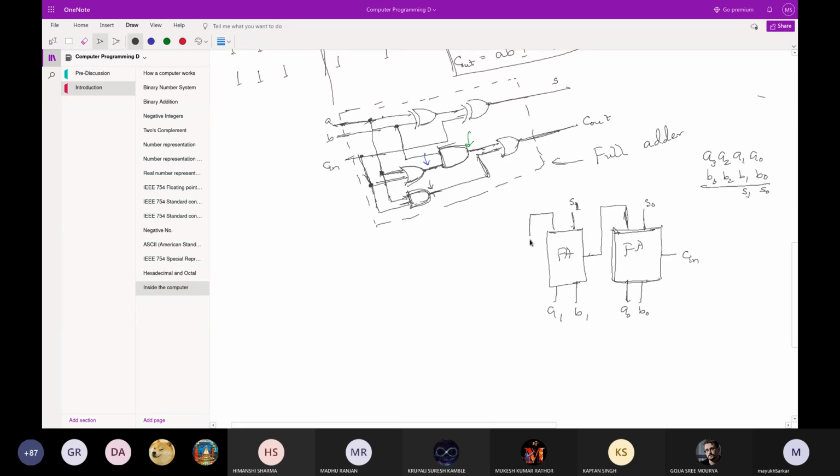This carry out will go as the carry in to this A2 B2 bit, and you will get S2 out of here. This is another full adder, with B2 and A2. Finally, this full adder here: you will get B3, you will get A3, you will get S3 out of here, and discard.